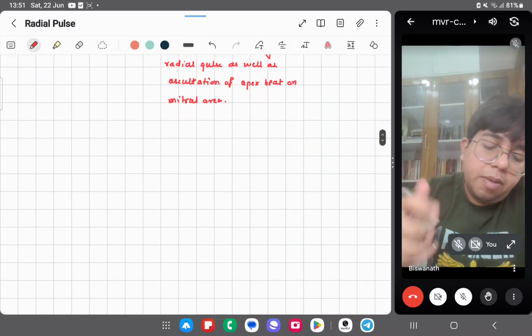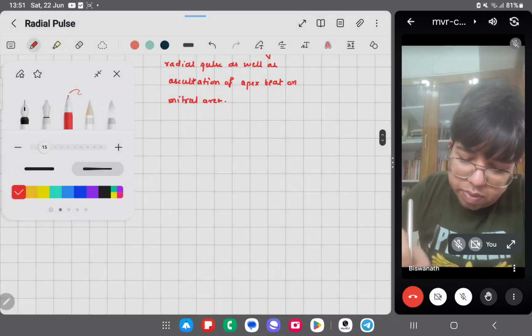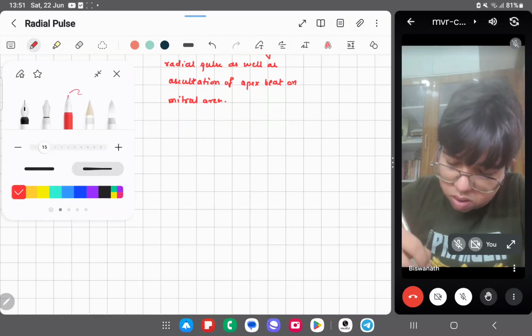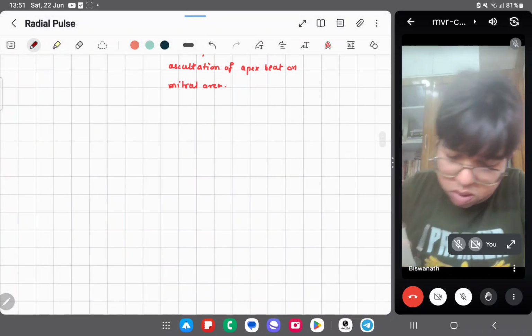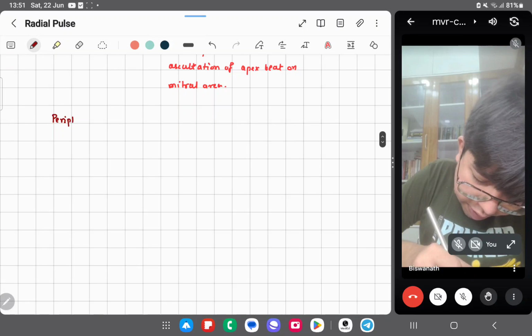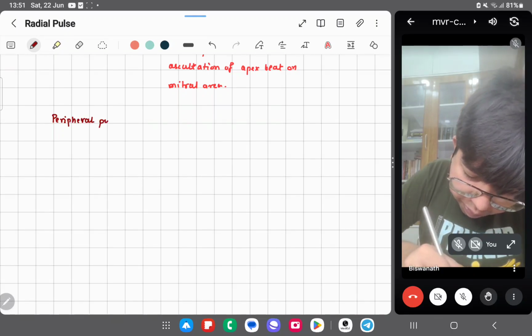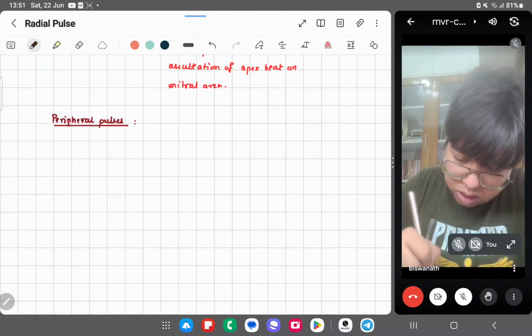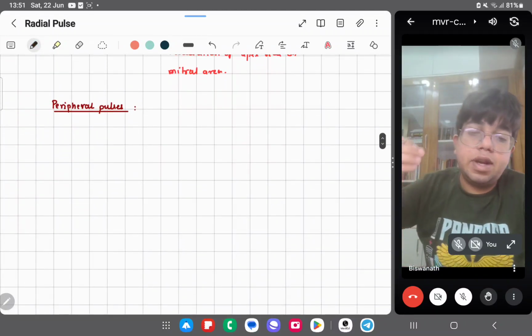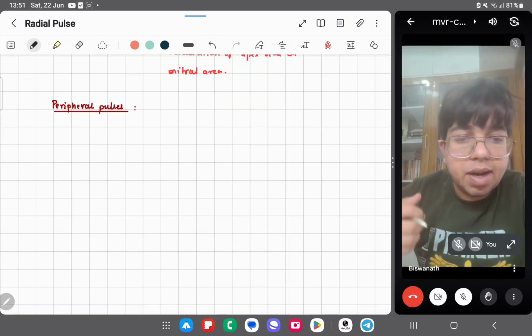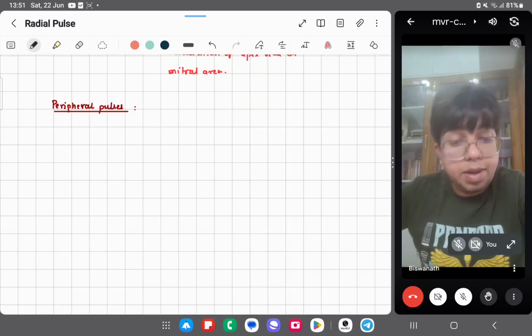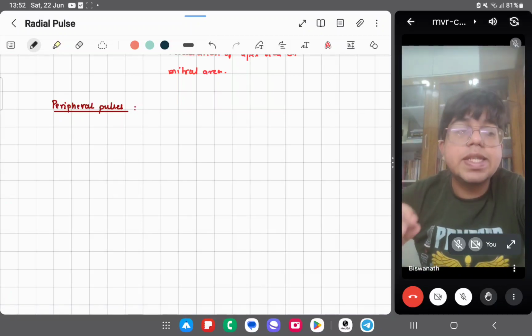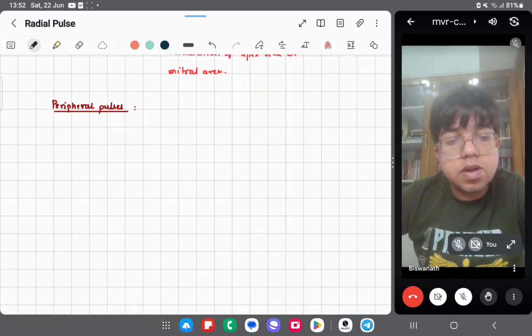What are the peripheral pulses? Now, if you want to know, so many peripheral pulses are there, like your femoral pulse, popliteal pulse, posterior tibial pulse, dorsalis pedis pulse, then brachial pulse, carotid pulse, temporal pulse.